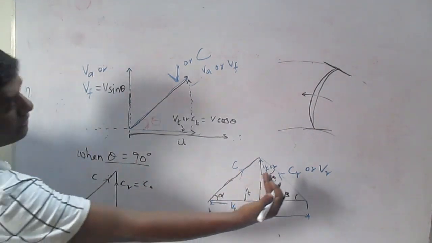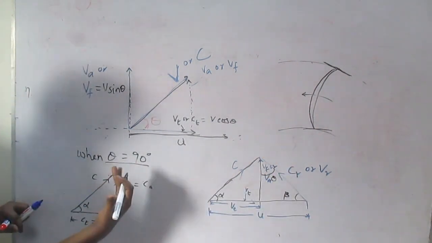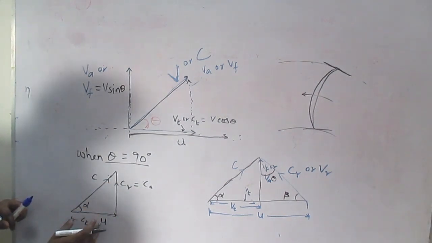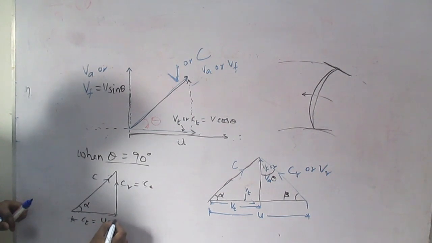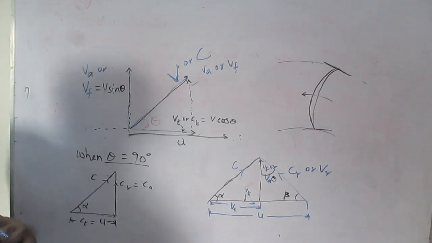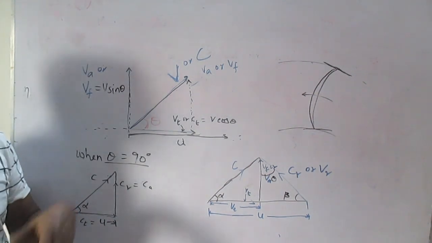So the relative velocity comes into the axial. This is another modification. Like this, we will be having many modifications in compressors or turbines, wherever we are encountering turbo machineries or fluid machineries.